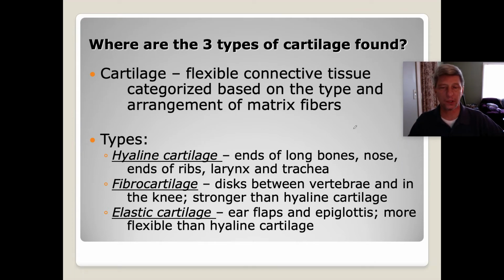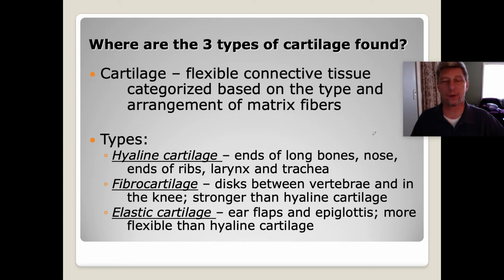Fibrocartilage is much stronger than hyaline cartilage, and you find that in the discs between your vertebrae. If you've ever heard of somebody slipping a disc, it's because there are two vertebrae next to each other, and there's a cartilage disc in between. If that disc moves, it pinches the nerves that are supposed to be coming out of it.